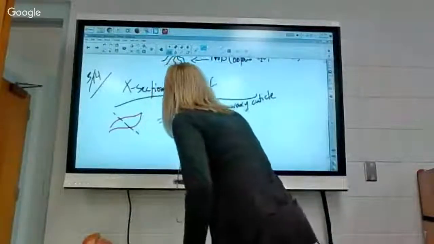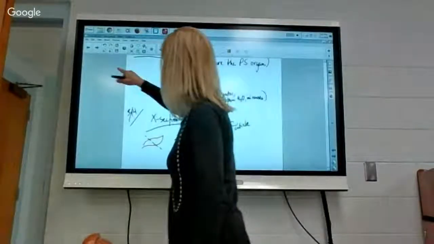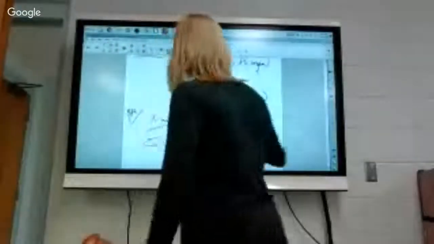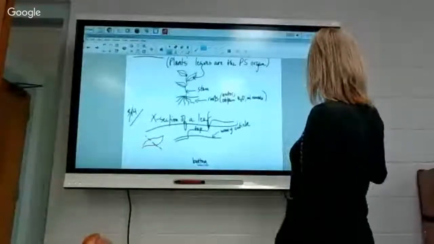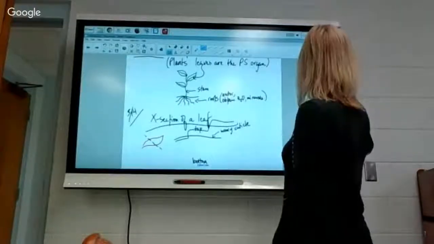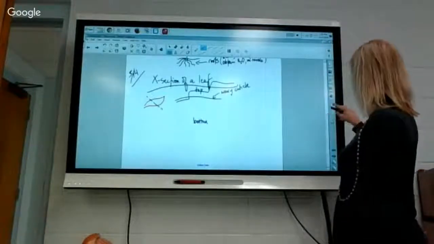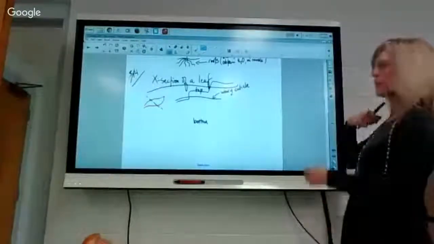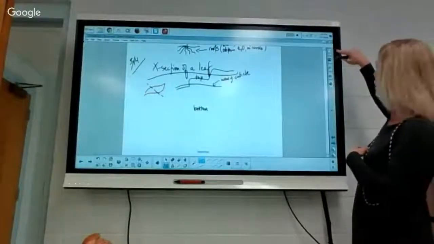Beneath that layer, oops, what happened? Go back, I don't want that side. Uh-oh, how do I make it big? We didn't know that. How do I do it? Is it right there? Arrow.